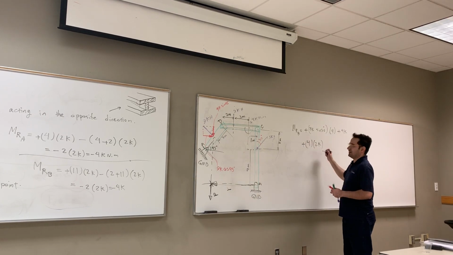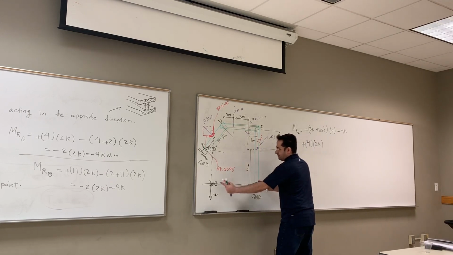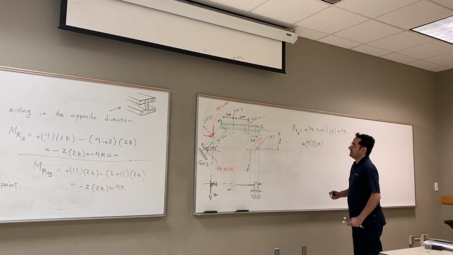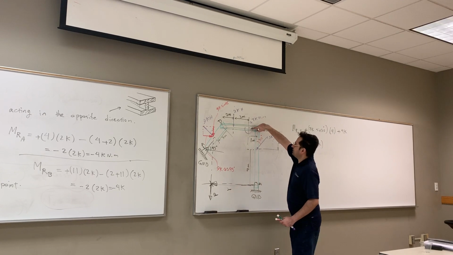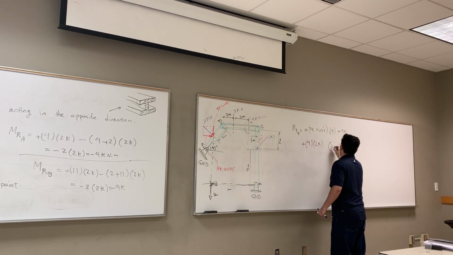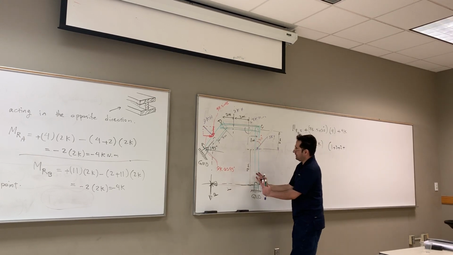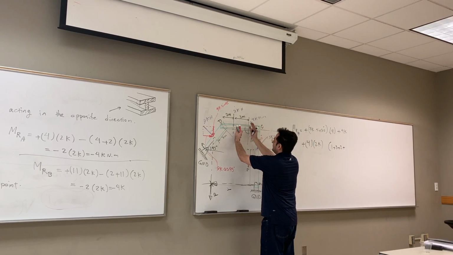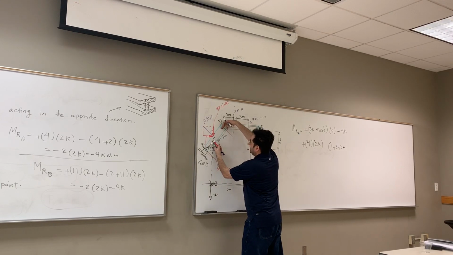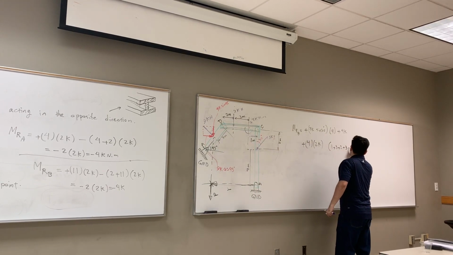So what should I write here? The value of the moment arm. What's the value of the moment arm? 1 plus 3 plus 2. You start from here, right? 1 plus 3 plus 2 plus 3 times cosine 45.